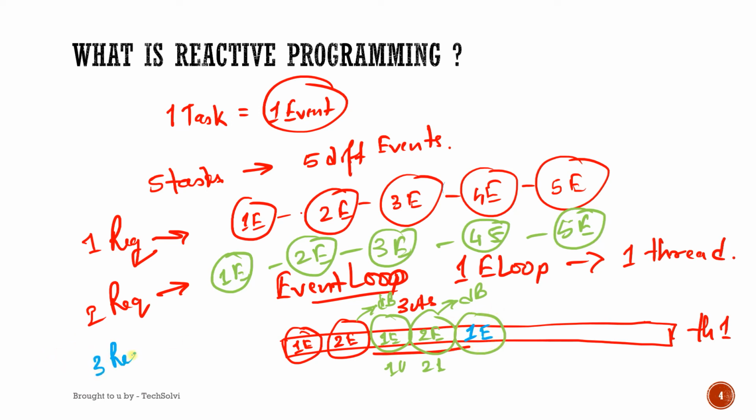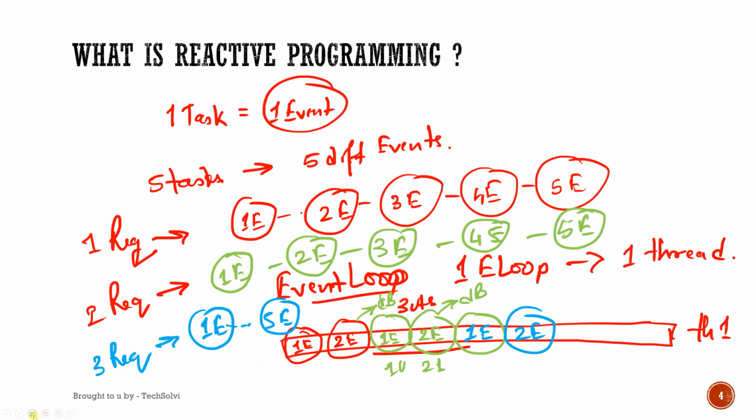Say for the third request also we have 5 events lined up. So we took up this first event, and then we may also process the second event of the third request, and by that time we got the response from the DB.